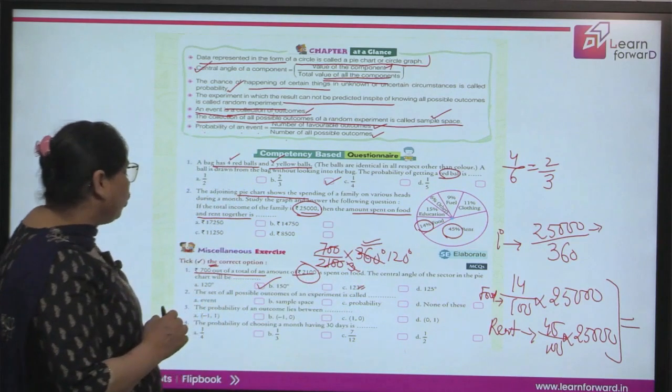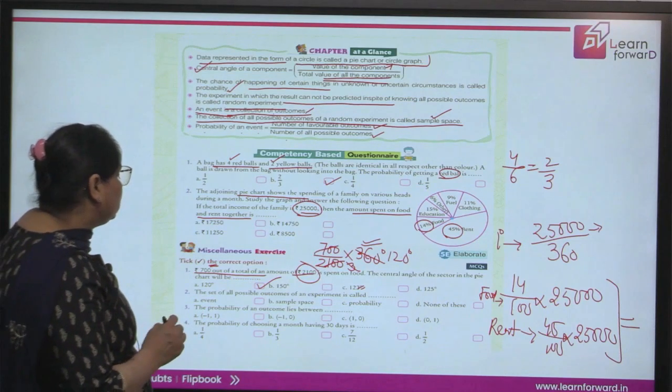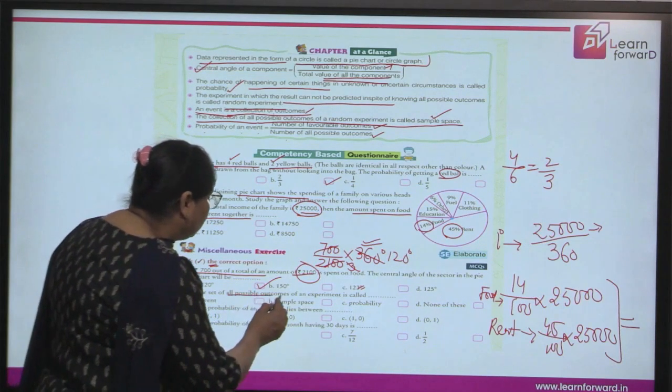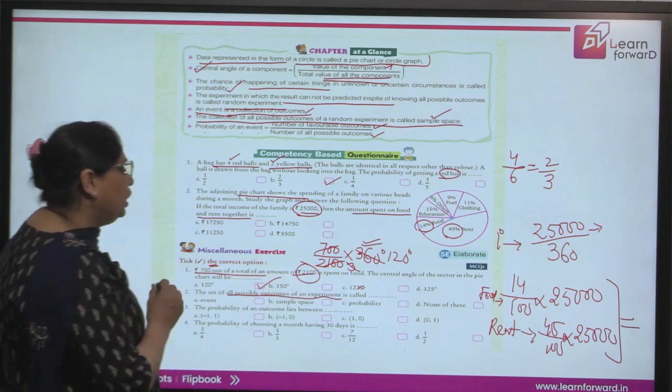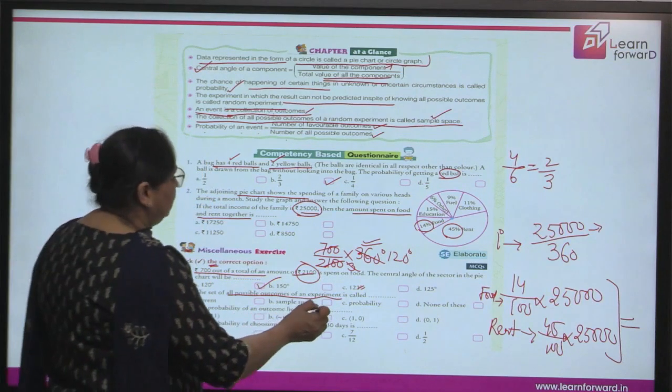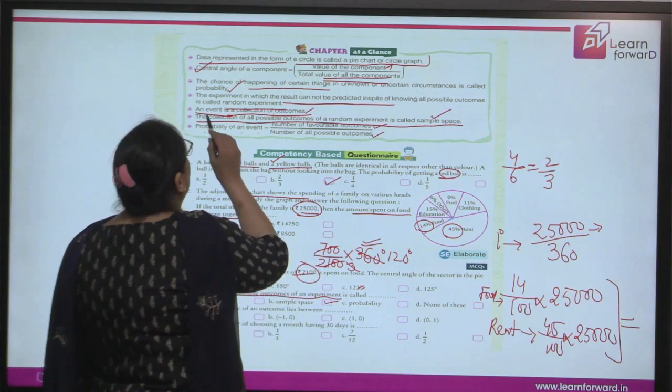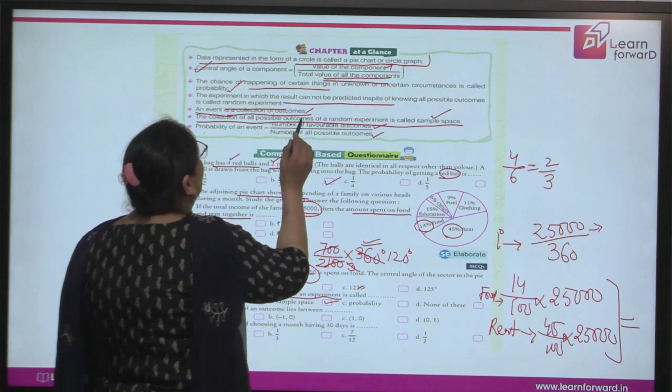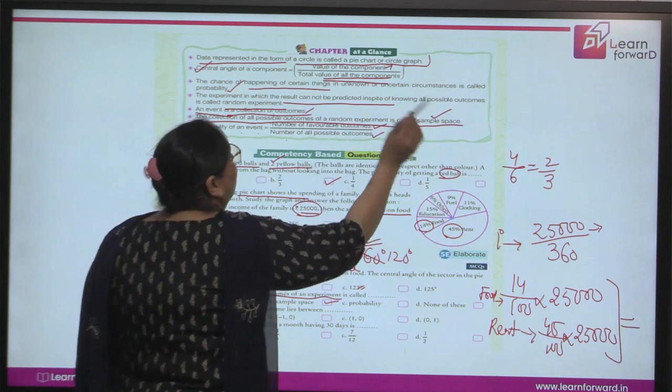The set of all possible outcomes of an experiment is called sample space. Collection of all possible outcomes is called sample space.